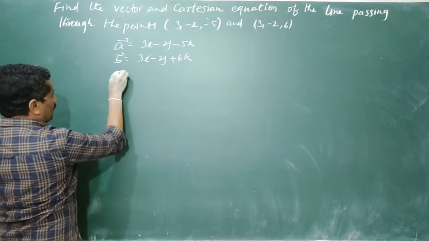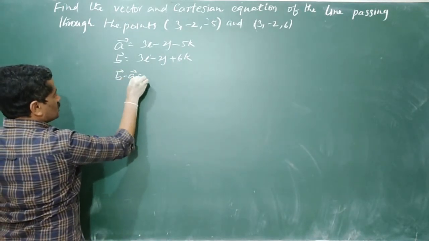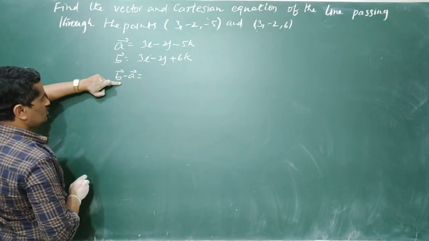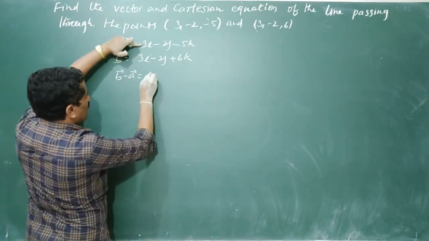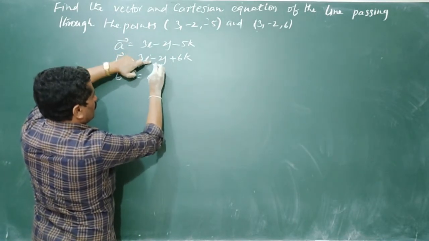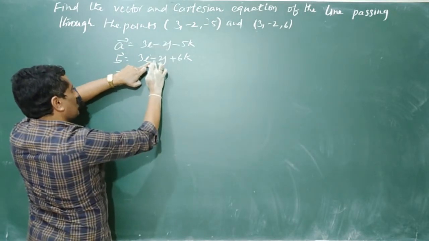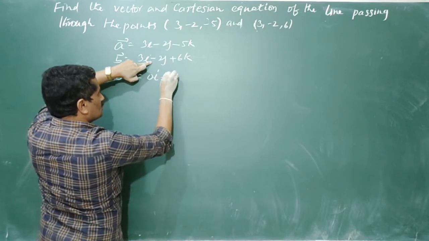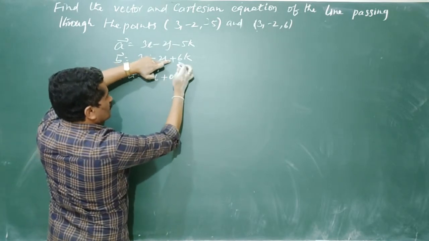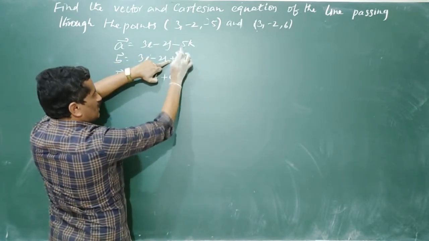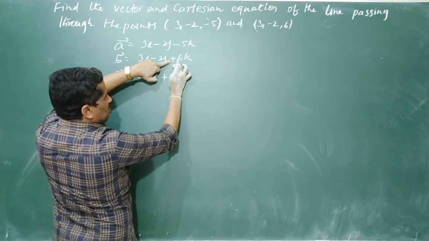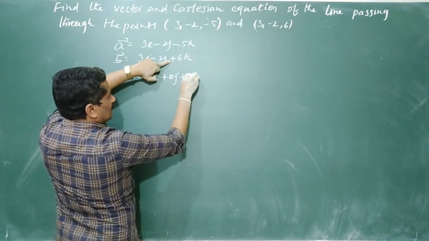So b bar minus a bar is the subtraction of two vectors. So 3 minus 3 we have 0i, again minus 2 minus of minus becomes plus, minus 2 plus 2 becomes 0, that is 0j, again 6 minus of minus 5, that is 6 plus 5, we have 11k.